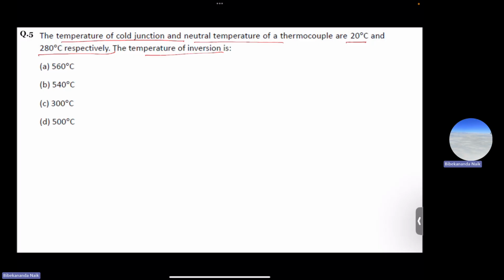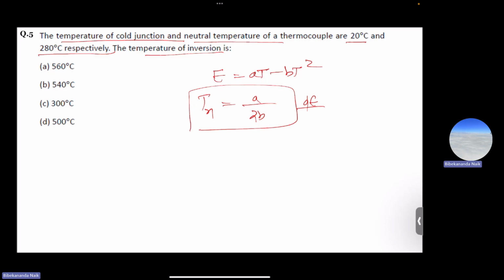So let's solve this one. In the previous question, the general form of the EMF is given as AT minus BT square. At neutral temperature we found it is A by 2B, where dE by dT was 0. And what is the temperature of inversion? The temperature of inversion is the temperature at which EMF equals 0.